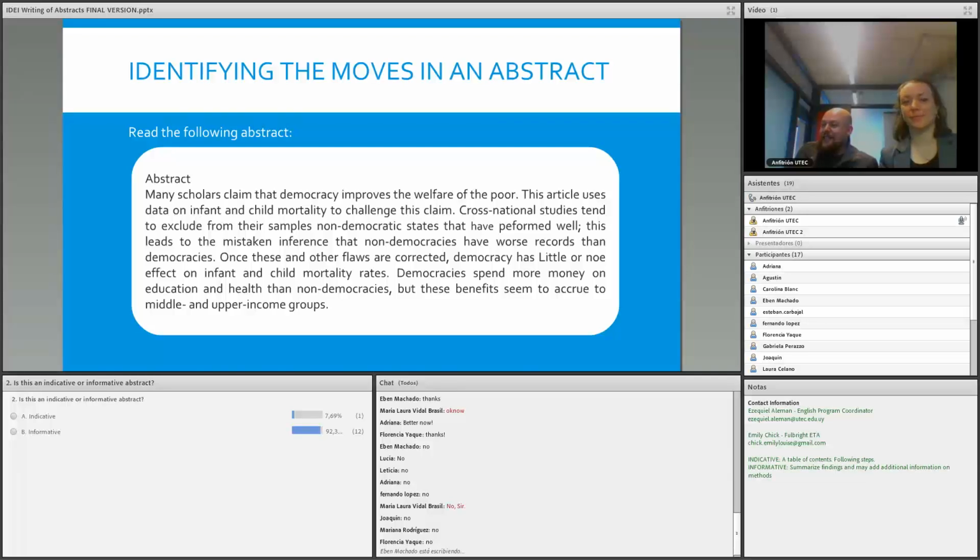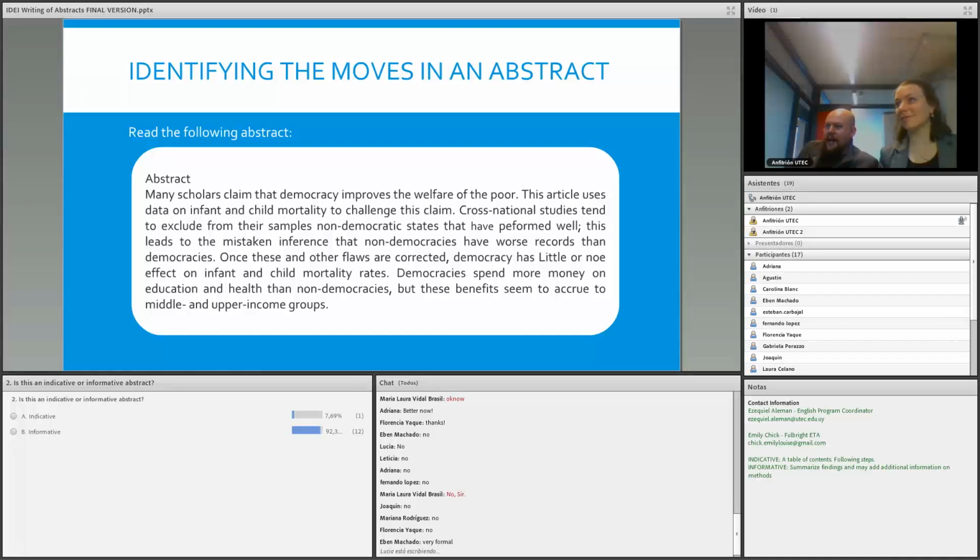So, how do you identify the moves in an abstract? For example, who can help me identify move 1, the background information in this abstract? You can type the sentence. I don't think you can draw with me. I'm not sure.